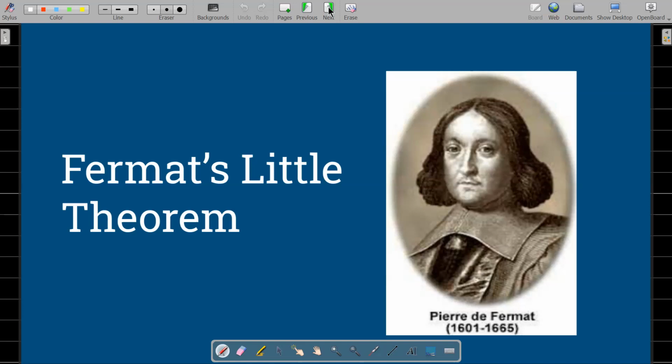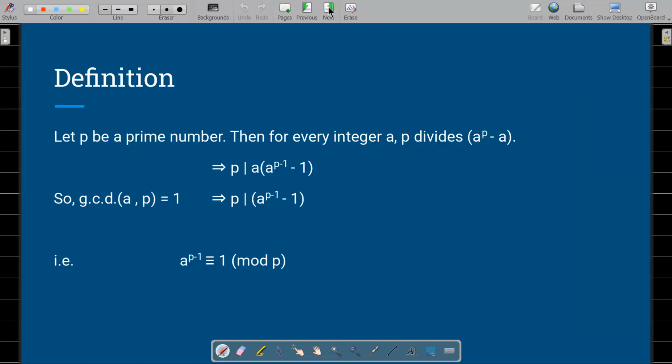Sir, if a is a number which is not divisible by p and p is a prime number, then a raised to p minus 1 is congruent to 1 mod p. Good. Fermat stated that if p is a prime number, then p divides a raised to p minus a, for any integer a.